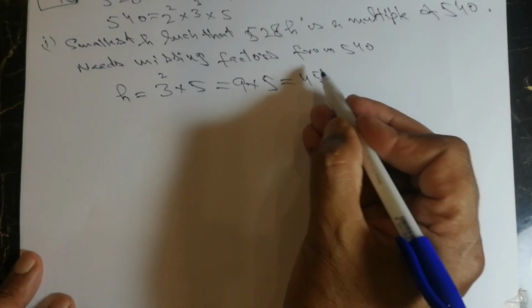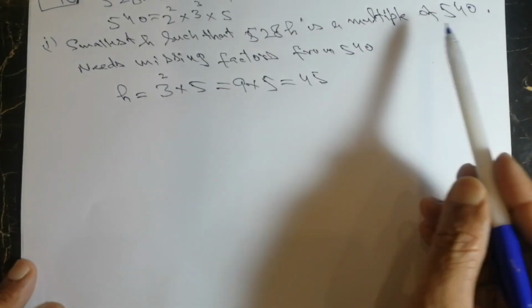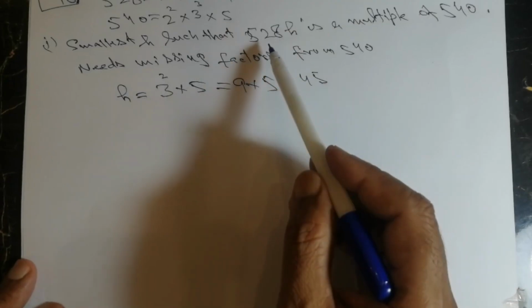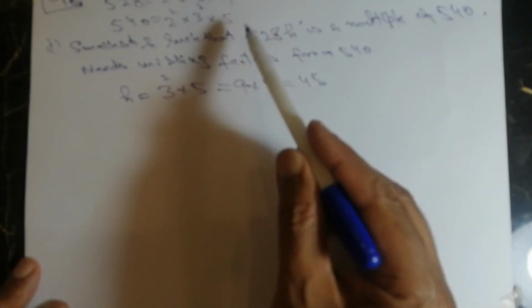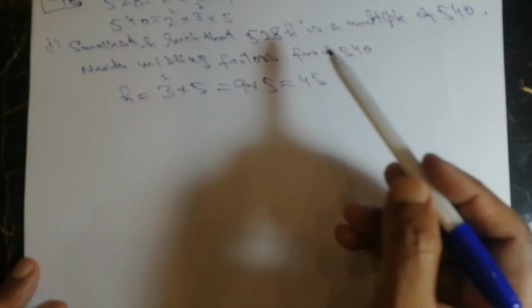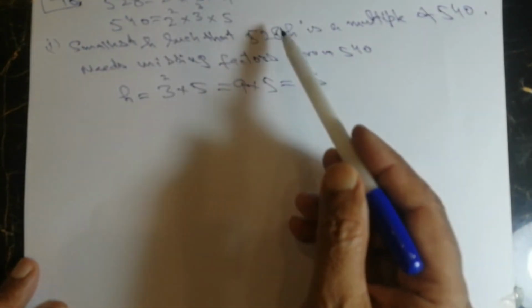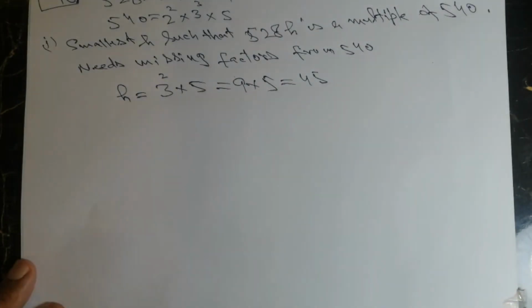So when we multiply 528 with 45, this number will be a multiple of 540. If we go on writing the multiples, the time will come when this number is divisible by 540, or you can say that it will be a multiple of 540.